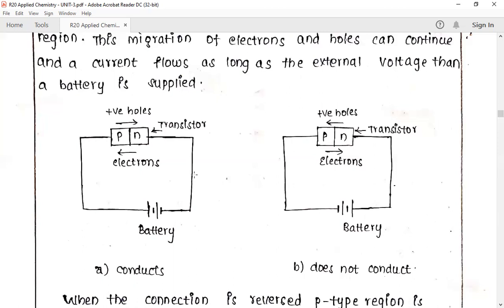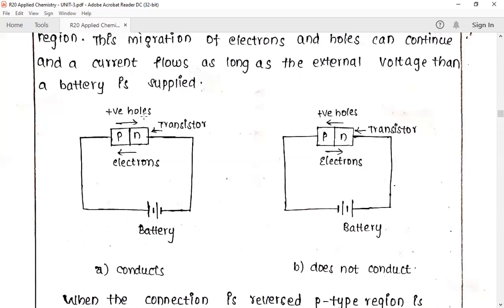The negative terminal of the battery is connected to the N type semiconductor, and the electrons are moving in this direction, and the holes are also moving in this direction. That means they are moving forward. That's why this phenomenon is known as forward bias.